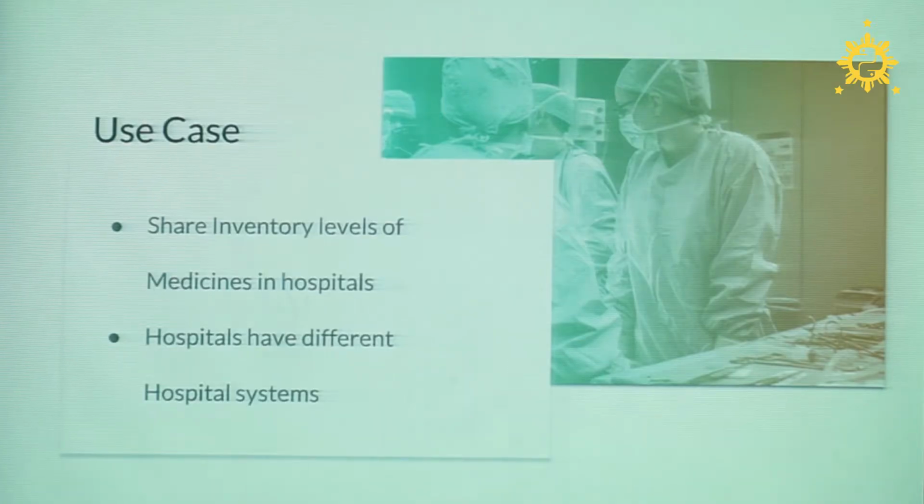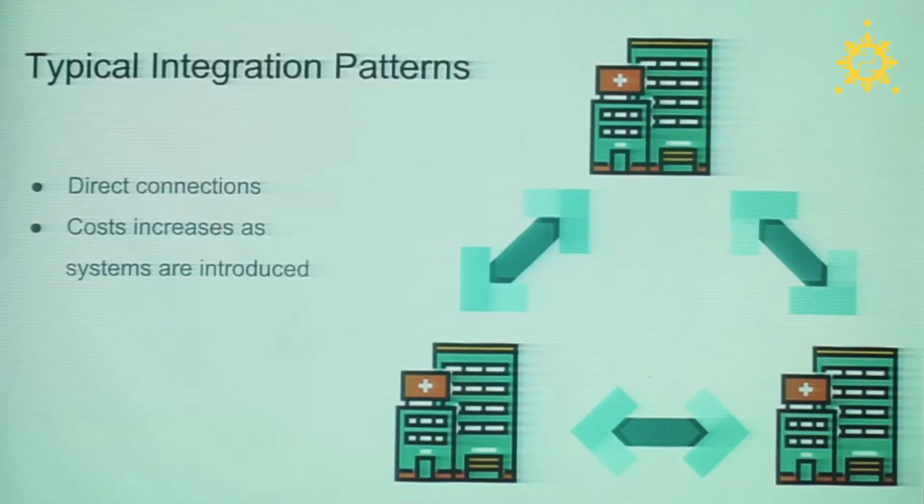The challenge would be hospitals sometimes have different hospital systems. They're not standardized. One could be using an open source system, another a proprietary system, another a homegrown system that they just built. So one way to do it is through APIs. Connect every one of them through APIs.